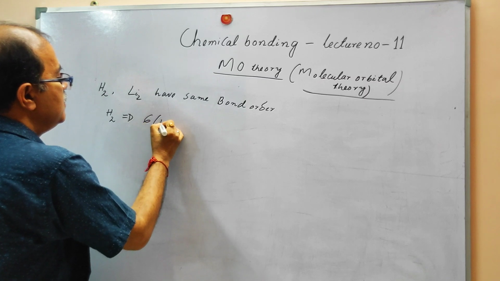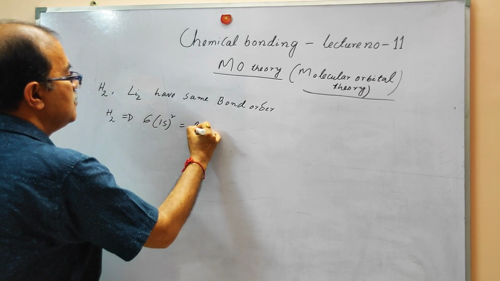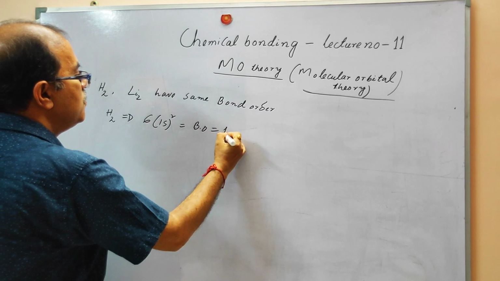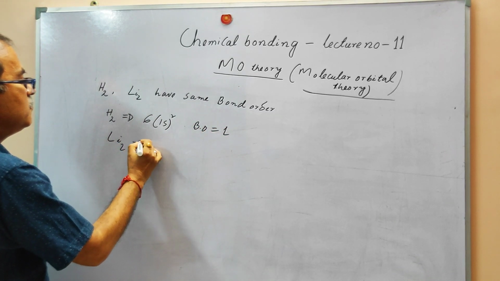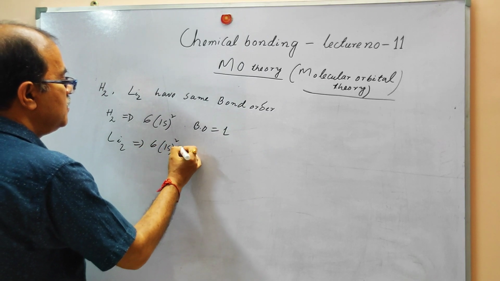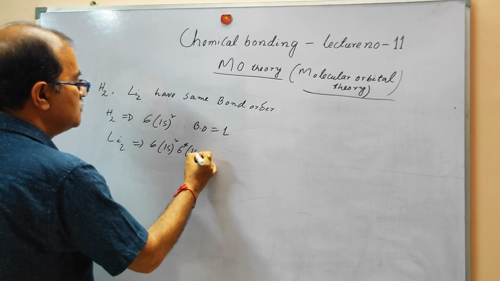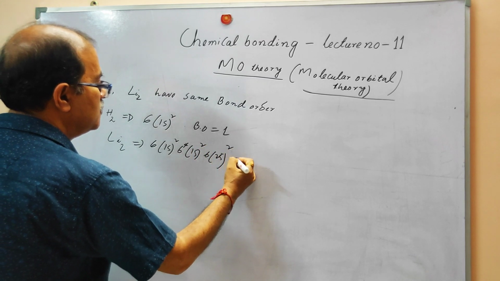We already know its bond order is 1, and Li2 we have already calculated: sigma 1s square, sigma star 1s square, sigma 2s square, 6 electrons.